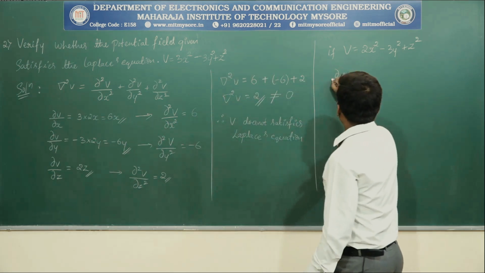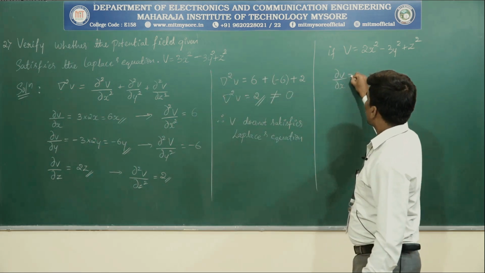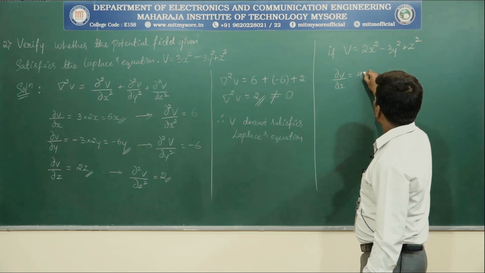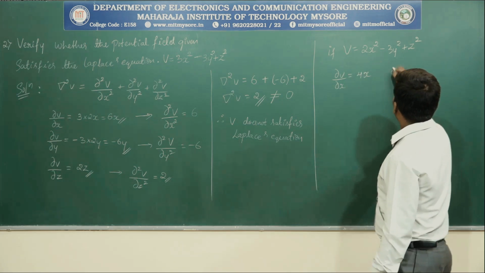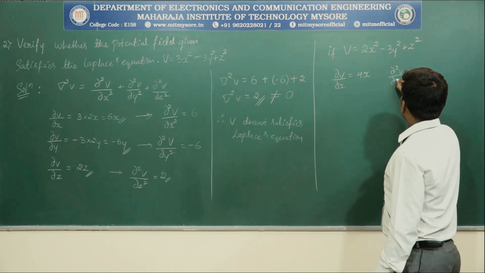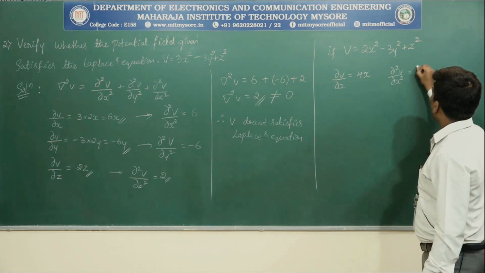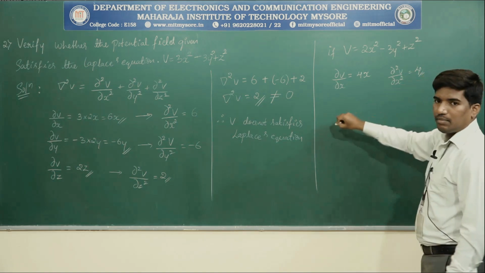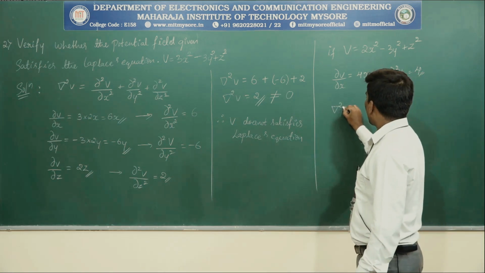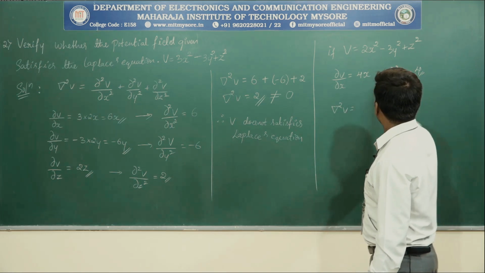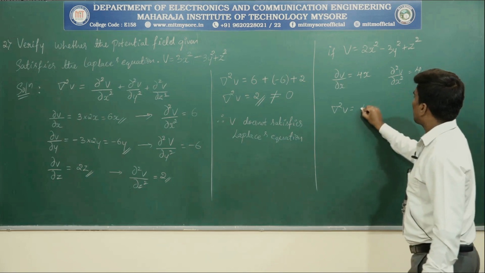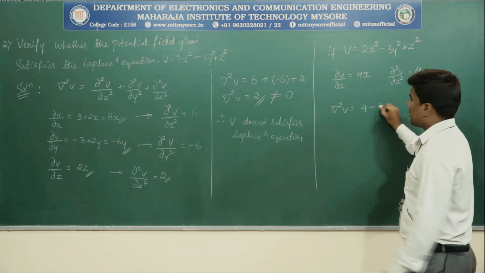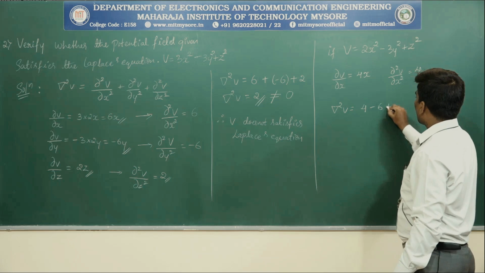So dou V by dou x becomes 4x, right? And dou square V by dou x square becomes 4. Then the rest of the quantities remain the same. Under this circumstance, gradient square V is equal to dou square V by dou x square, which is 4, minus 6, plus 2.